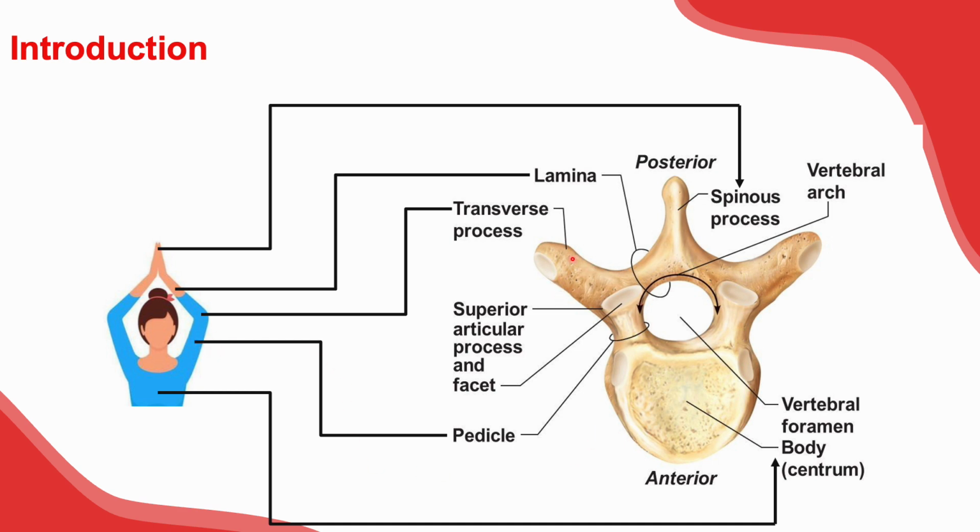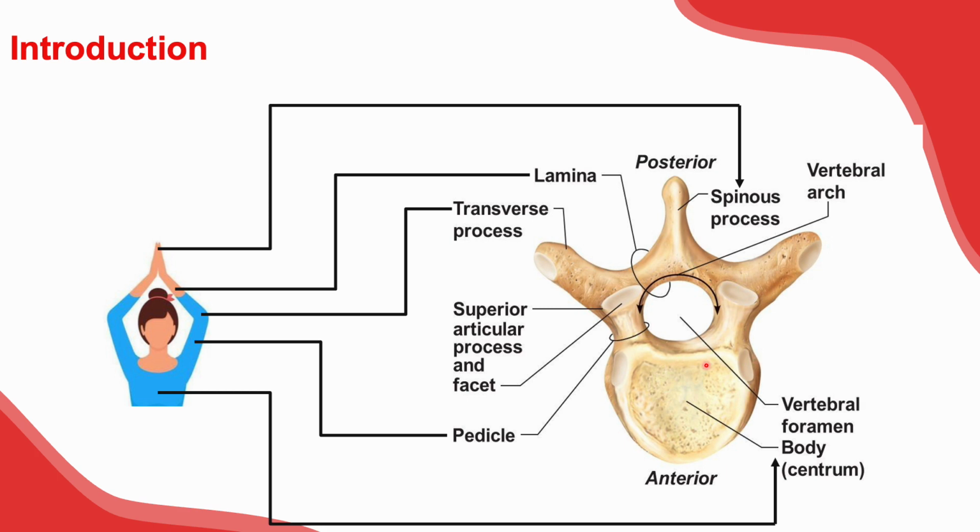And then from the pedicles, you have transverse processes. These transverse processes are resembled here as the elbows. And then you have laminas. The laminas are resembled here as the forearms. And then finally, the spinous process is resembled here as the two hands when they meet up.